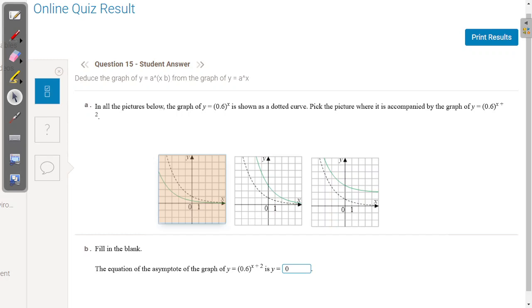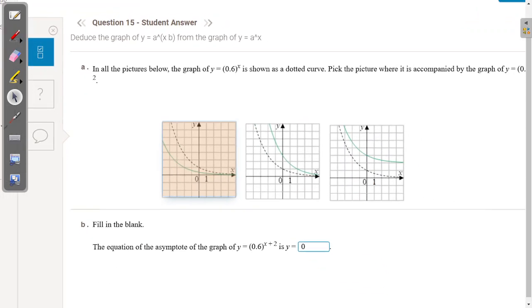Okay, in all the pictures below, the graph of y equals 0.6 to the power of x is shown as a dotted curve. Pick the picture which is accompanied by the graph of y equals 0.6 to the power of x plus 2. When it's plus 2 on the x, it means it moves to the left 2 units.